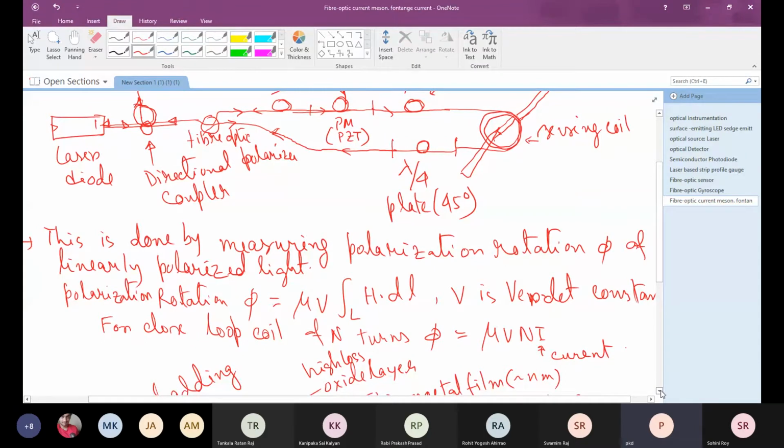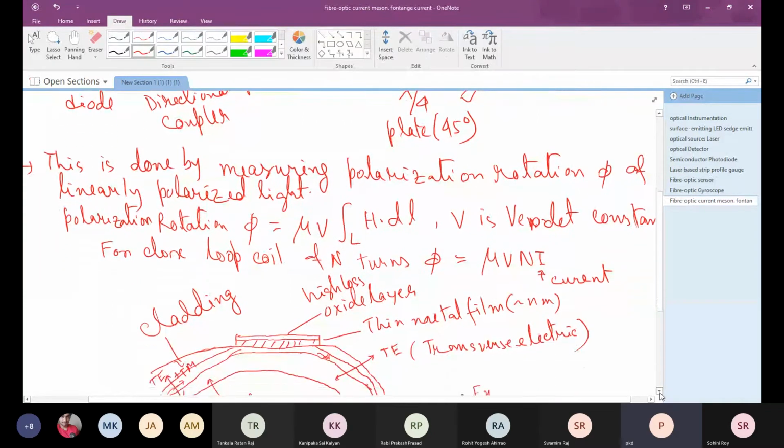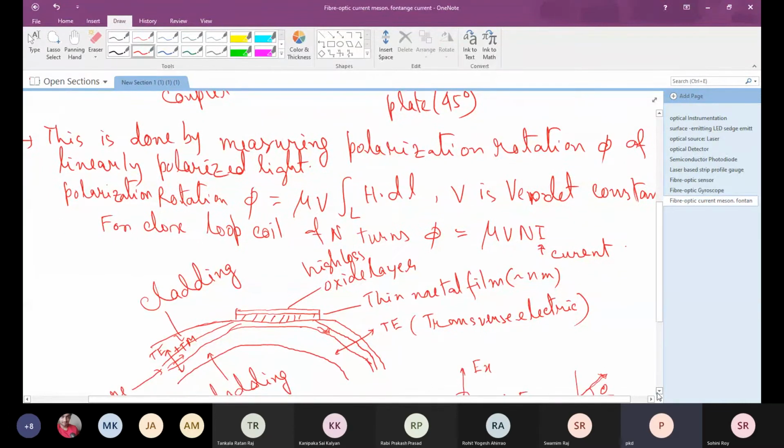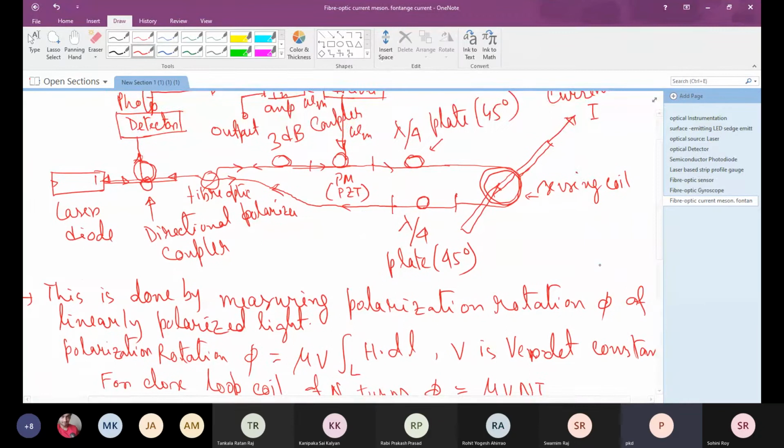Now, if I want to measure it continuously, I cannot take another polarizer and rotate it by hand or by some mechanical means. So I need to convert it to the corresponding intensity, which can be measured continuously. To do that, we have a polarizer here.